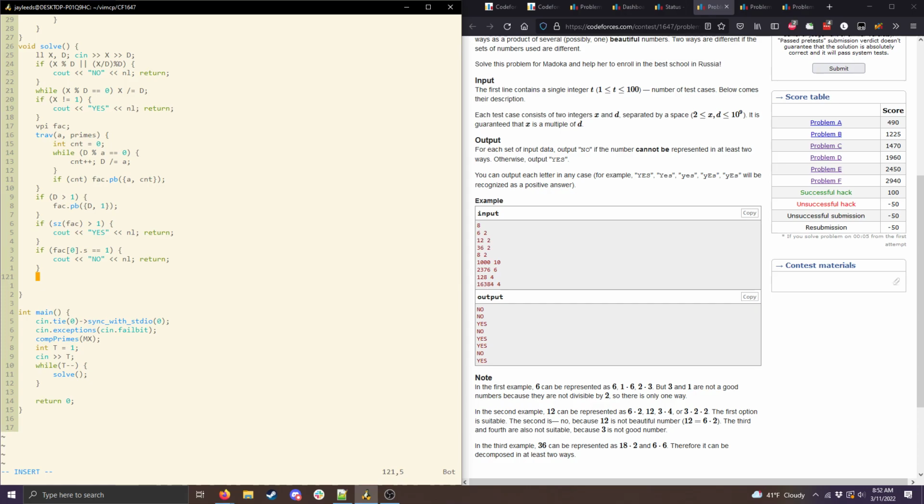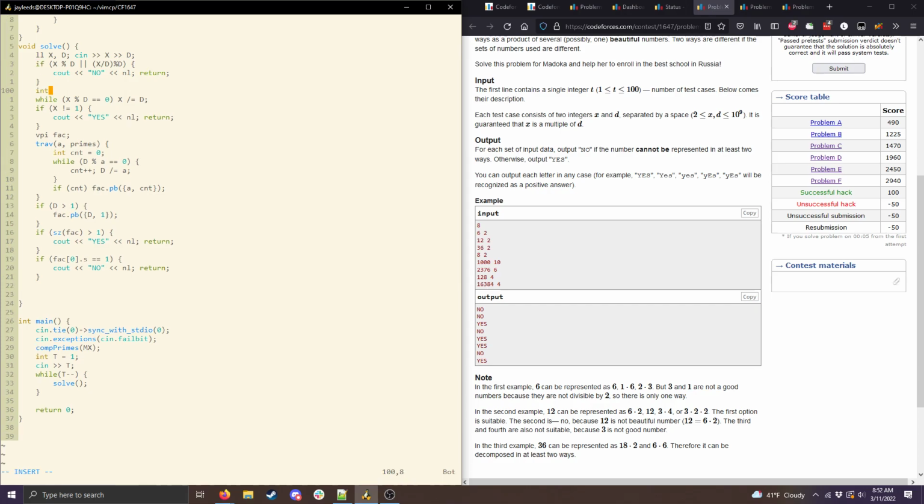If it's a power of a prime, let's see, is this the right way to think about it?